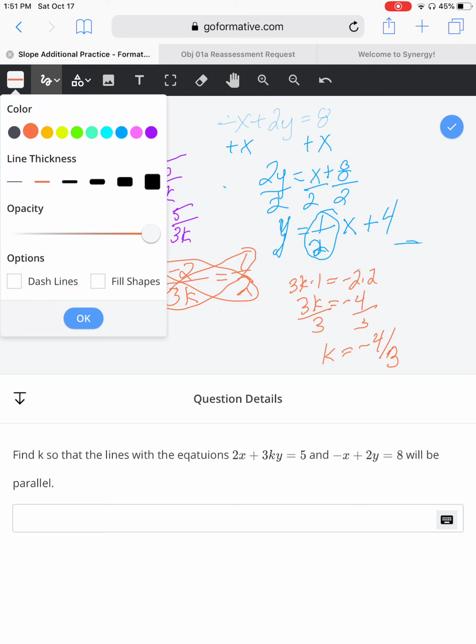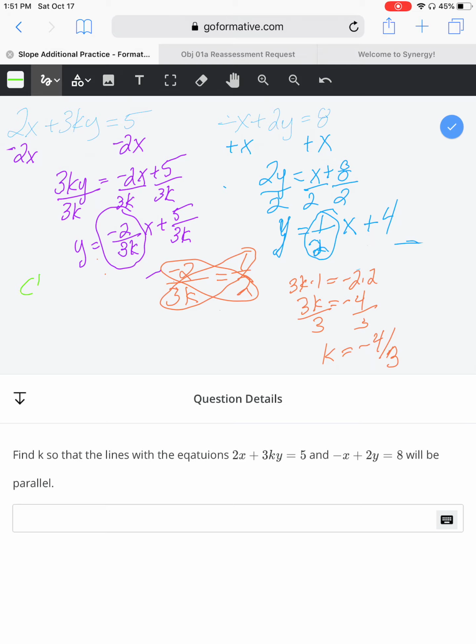I'm going to just really quickly show you, because I think it'll be a little bit clearer. Here's our little check. Okay, negative 2 over negative 4/3. Okay, dividing, so that's negative 2 divided by negative 4/3, which is the same thing as negative 2 times negative 3/4.